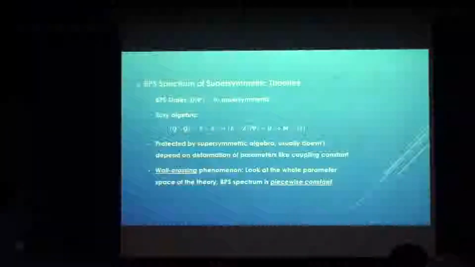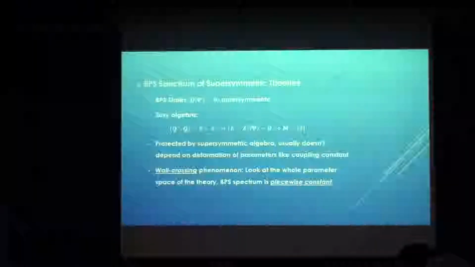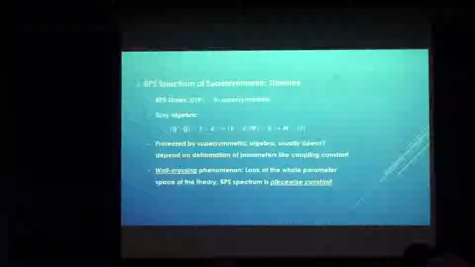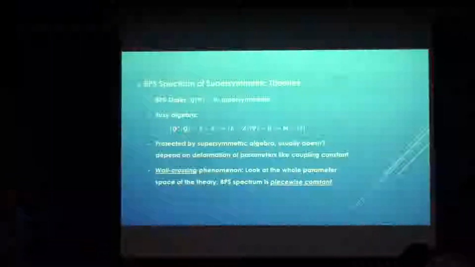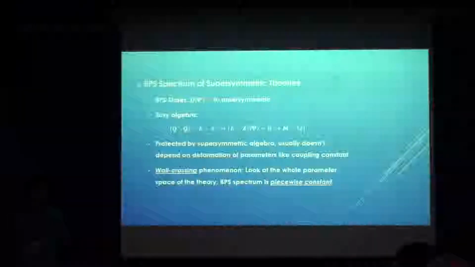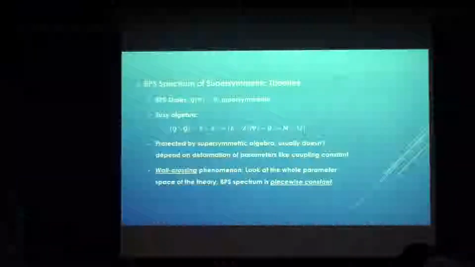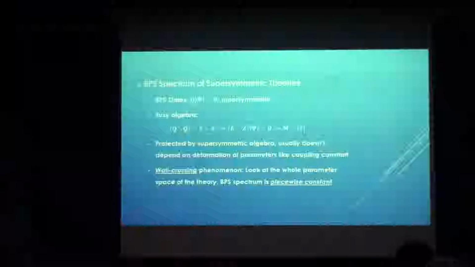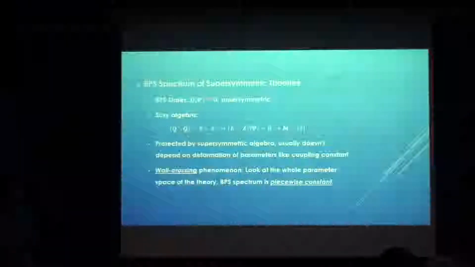But in one case, finding the spectrum might be much easier. That's the case with supersymmetry. When we have supersymmetry, there are particular states called BPS states, which are annihilated by some supercharges.